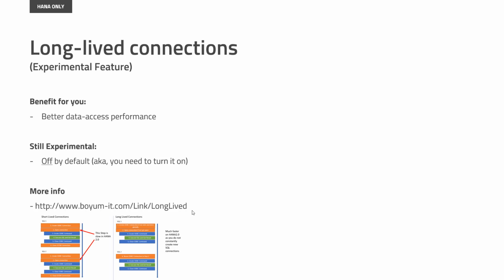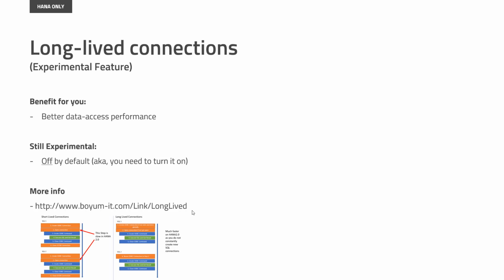Some add-ons are affected, some are not, and B1 Usability Package is one of these add-ons that actually are affected. And for that reason, we needed to make some changes, which is now out as an experimental feature that gives you various degrees of performance.